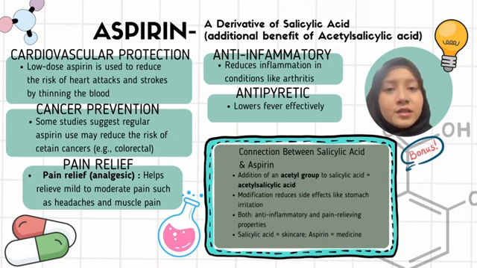Low-dose aspirin is prescribed to reduce the risk of heart attack and stroke because it helps thin the blood and prevent clot formation. Some studies also suggest aspirin may help reduce the risk of certain cancers like colorectal cancer, although this is still being researched.